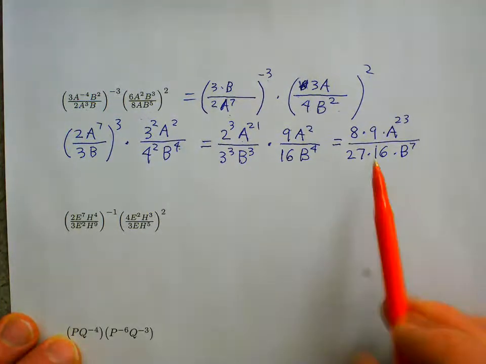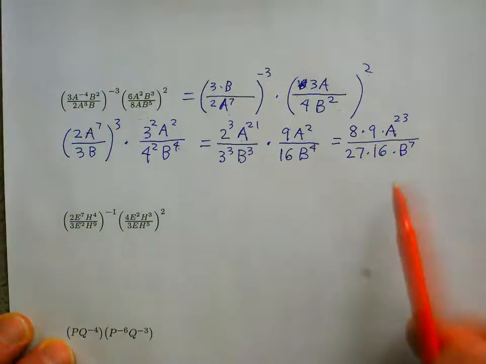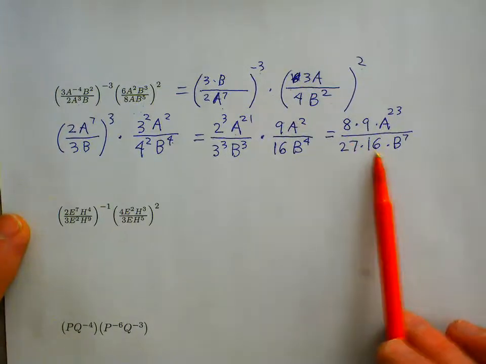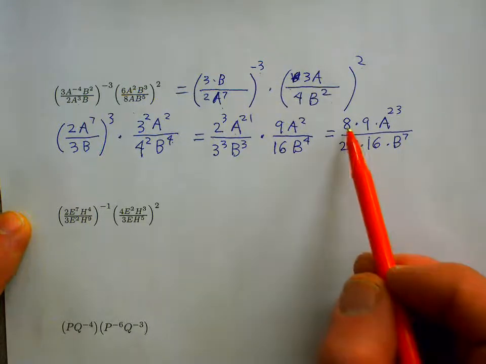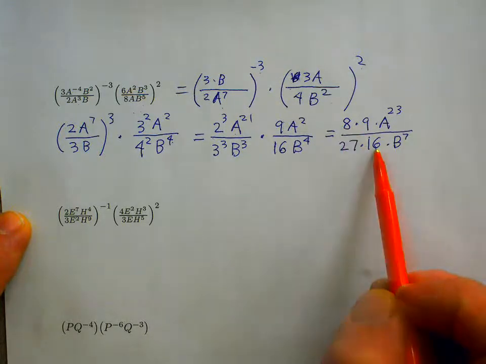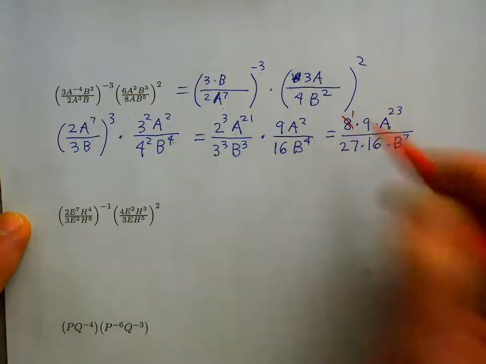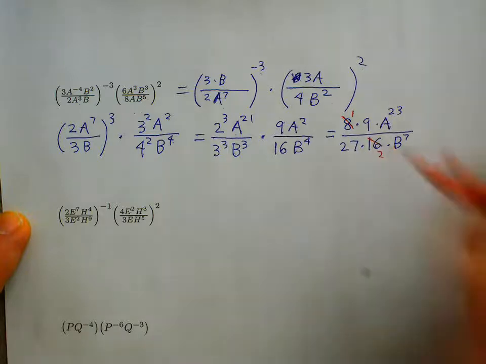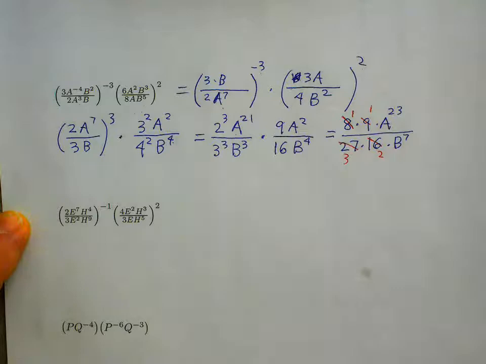And rather than multiplying the numerical factors and then writing the fraction in lowest terms, we can find common factors that cancel beforehand. So 8 goes into 8 once and into 16 twice. 9 goes into 9 once and into 27 3 times.